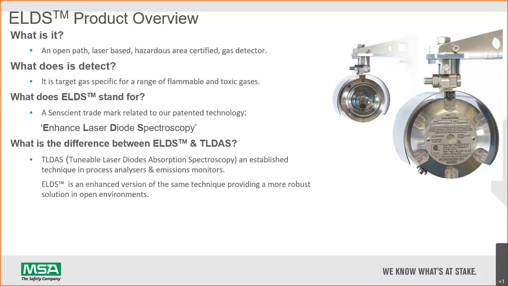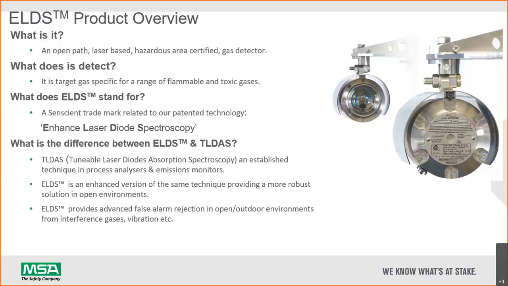Now, ELDS is an enhanced version of the same technique, providing a more robust solution in open ambient mode. ELDS provides advanced false alarm rejection in open outdoor environments from interference gases, vibration, etc. That is the basic difference between TDLS and ELDS.